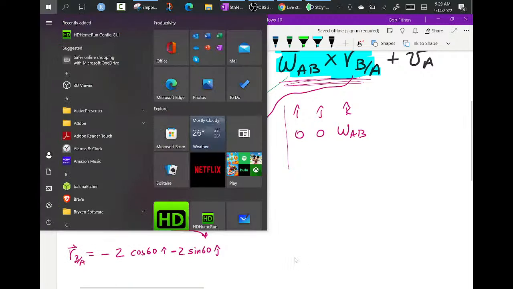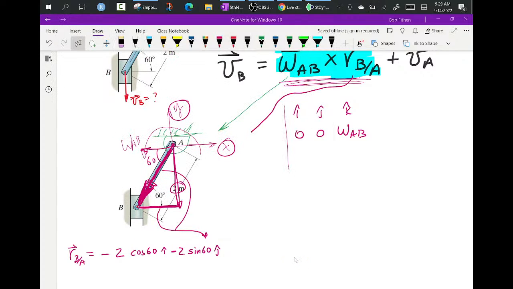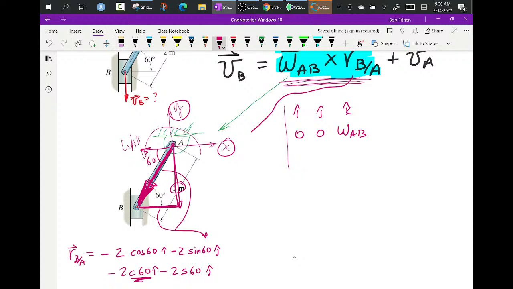Now, I did not start Octave. Okay, so I have done this in the past where I've paraphrased this, where I write it like minus 2C60, which means cosine 60, and then minus 2S60 J, which is sine 60.